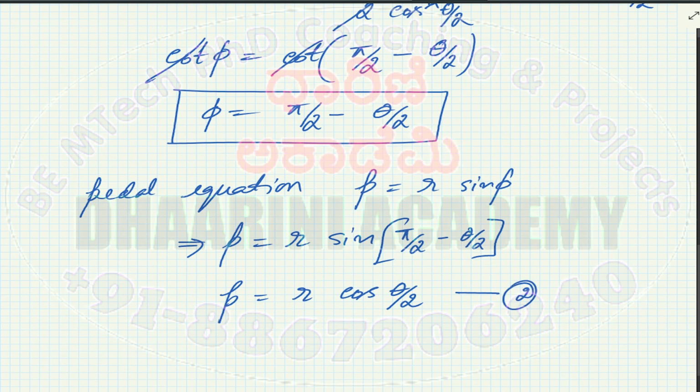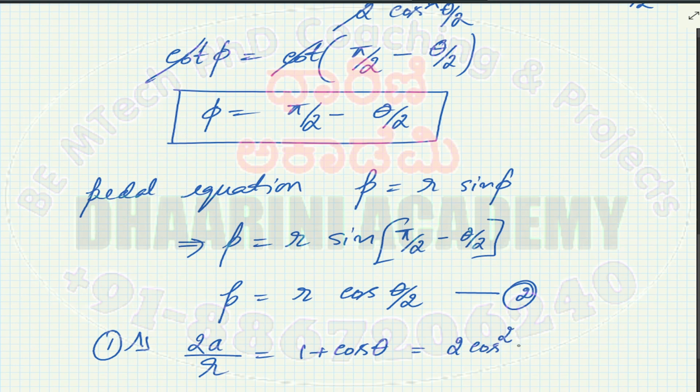In order to eliminate the theta, let us write equation 1 once again just for our reference. I know that from equation 1, 2a divided by r is equal to 1 plus cos theta, right? But what is 1 plus cos theta? I can actually replace 1 plus cos theta as 2 times cos square of theta by 2.